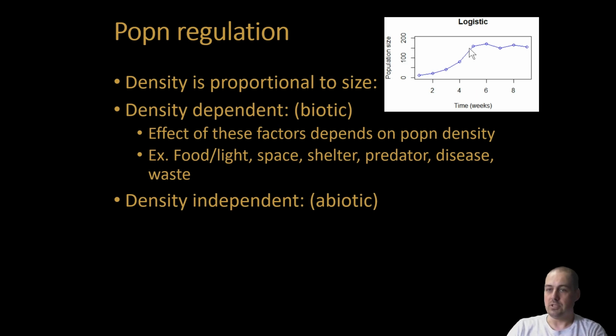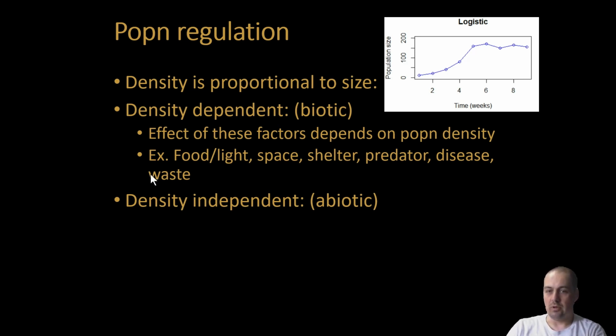Because population size is going to be so large, it's going to be easier for predators to attack and to kill off organisms. And something that's particularly relevant these days, disease, the whole idea of social distancing. Once you get to a large population and you increase your density, it makes it very easy for disease to spread.